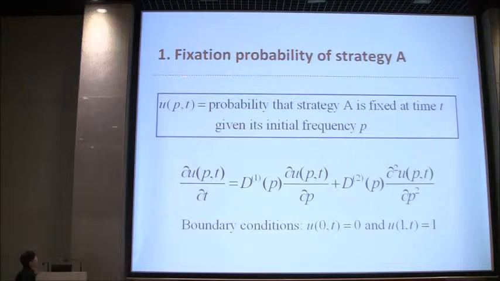First, the fixation probability of strategy A. If we define U(p,t) as the probability that A is fixed at time t given its initial frequency p, then we can get the backward equation with the boundary conditions here.